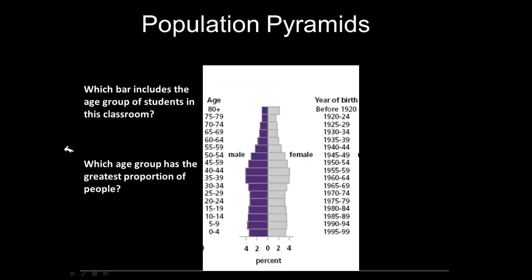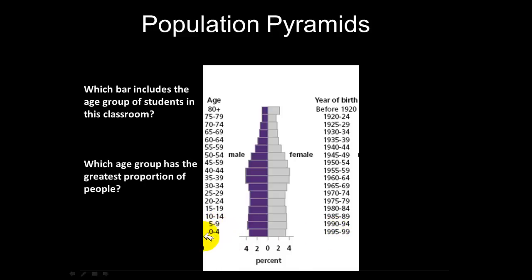Now, just to give you some more practice, a question is: which bar includes the age group of students in this classroom? Not necessarily this classroom, but which bar would include you guys as my students when this was made? Let's take a guess. Everyone should know this should be you. You were born between the years of 1995 and 1999.